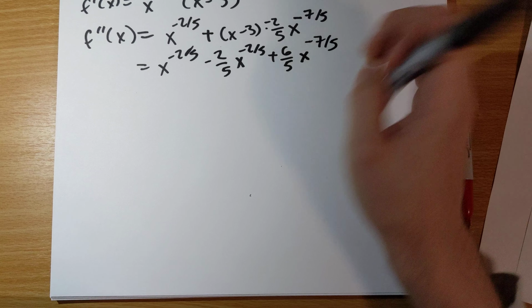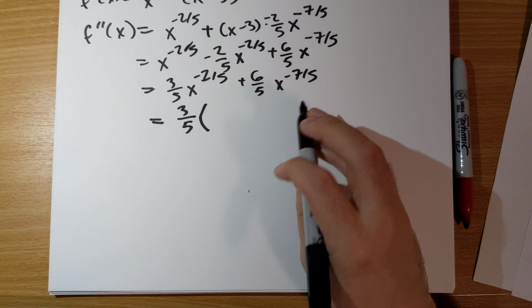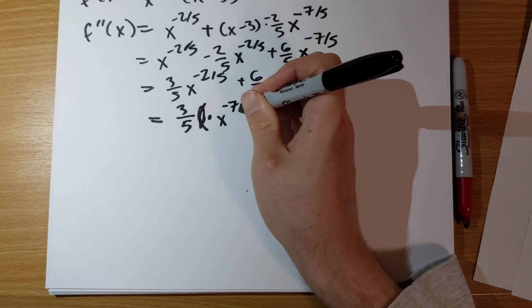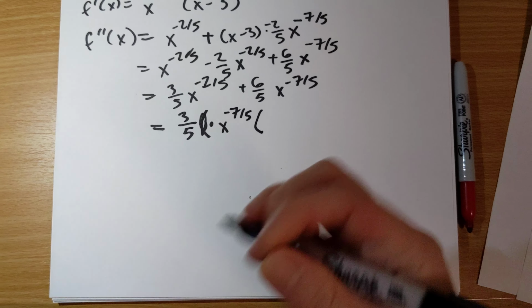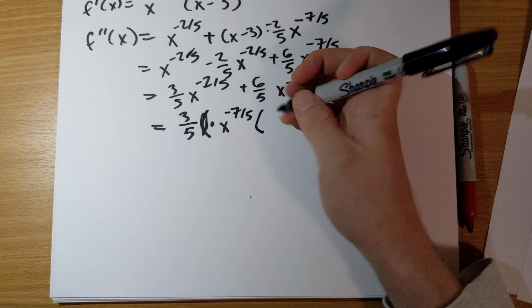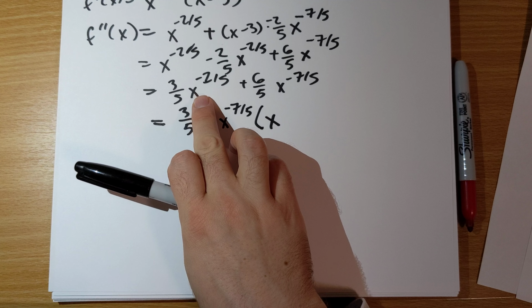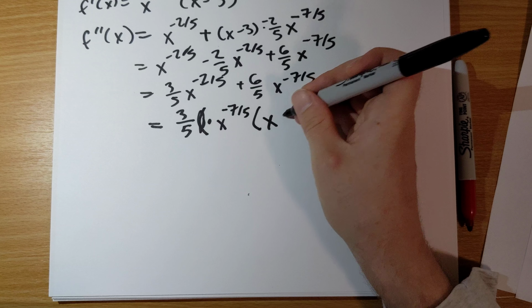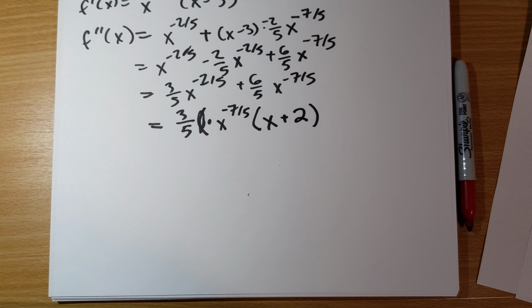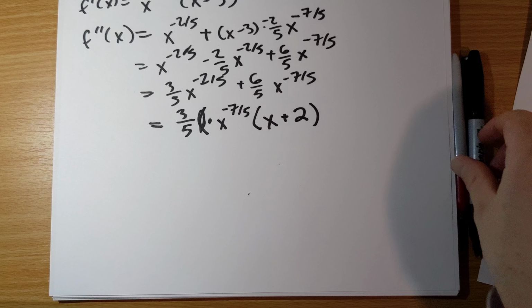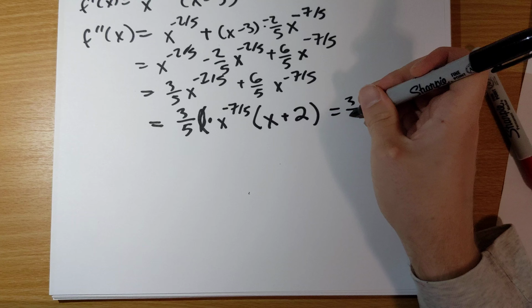And so this will be 3/5 times, I can pull out a factor of x to the negative 7/5. And so x times x to the negative 7/5 will give us x to the negative 2/5, plus 2. Okay, so here's our second derivative in about as nice a form as we could write it.